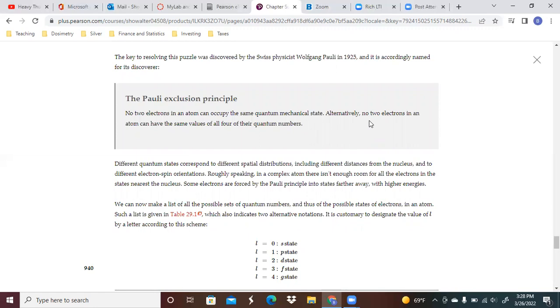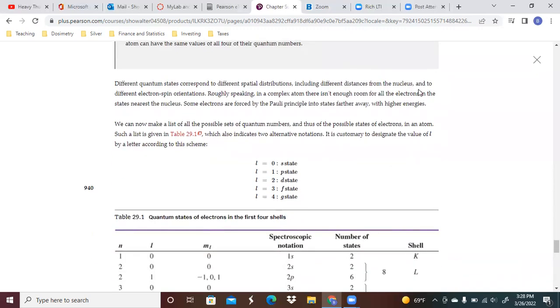Different quantum states correspond to different spatial distributions, including different distances from the nucleus, and to different electron spin orientations. Roughly speaking, in a complex atom, there isn't enough room for all the electrons in the states nearest the nucleus. Some electrons are forced by the Pauli principle into states that are further away with higher energies.